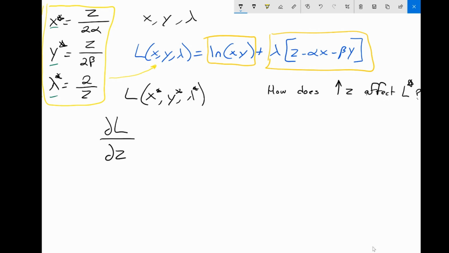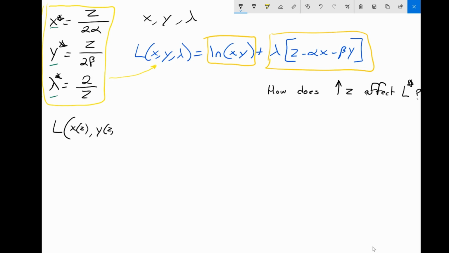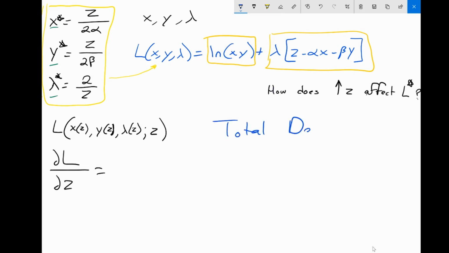Let's see how. First, we need to observe that this L is a function of x, which is a function of z. It's a function of y, which is a function of z. It's a function of lambda, which is a function of z. And it directly has the parameter z in it. So now we're going to take the derivative of L with respect to z. How do we do that? We take the total derivative.